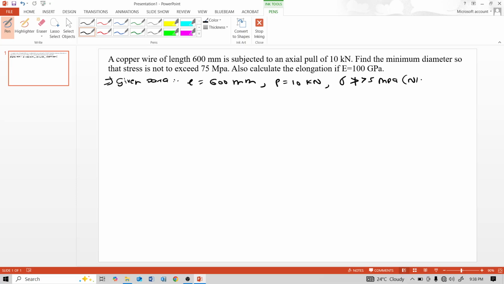MPa means Newton per mm square. Also calculate the elongation if E is equal to 100 GPa. 100 GPa is equal to 100 into 10 raised to 3 MPa.